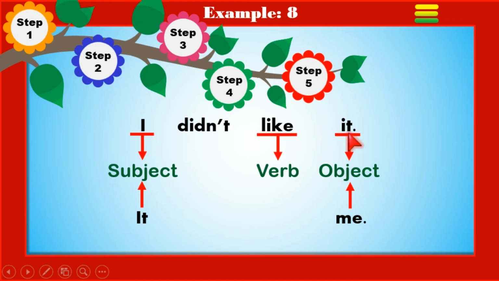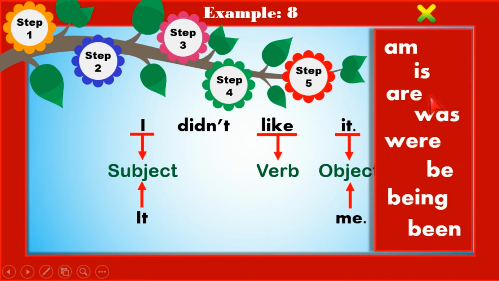I didn't like it. So didn't tells us past tense or simple past tense. Already we know about the simple past tense. If the sentence is simple past tense, you should use was or were. So here subject it, so you should use was.